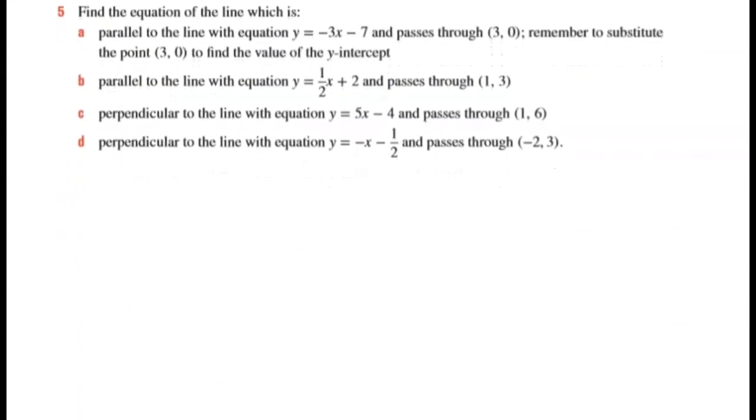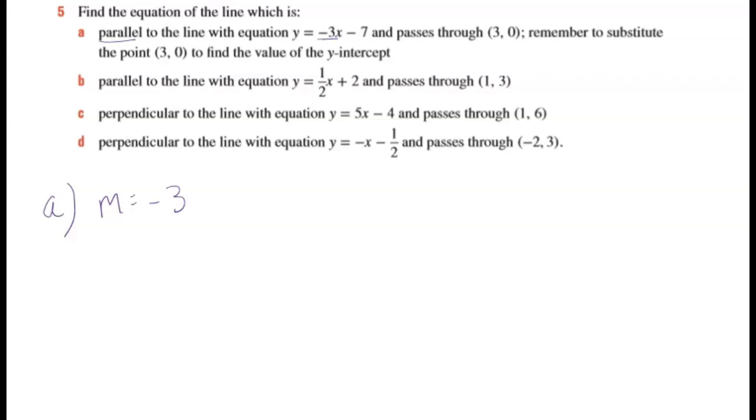Find the equation of the line which is parallel to the line with the equation y = -3x - 7 and passes through (3, 0). So let's first of all identify what our gradient is. If the lines are parallel, the gradient's going to be the same, and the gradient of this line is -3.